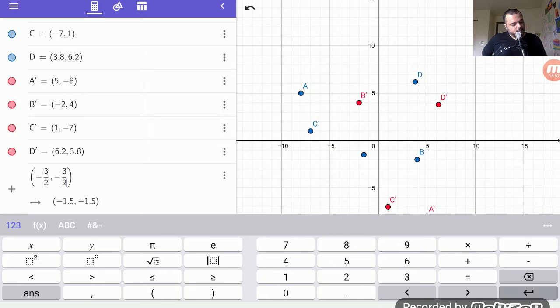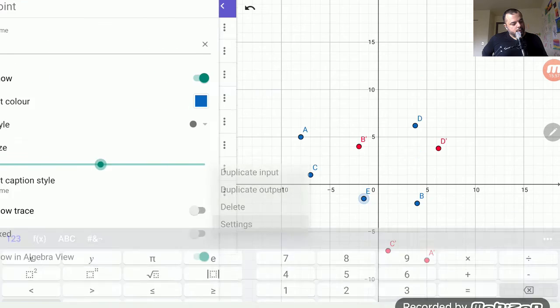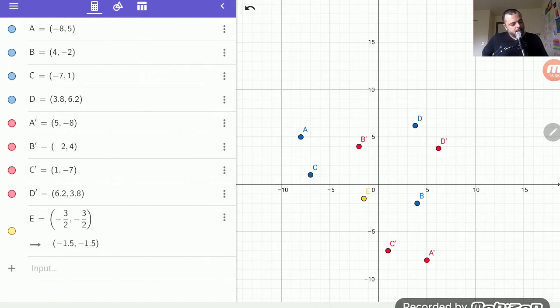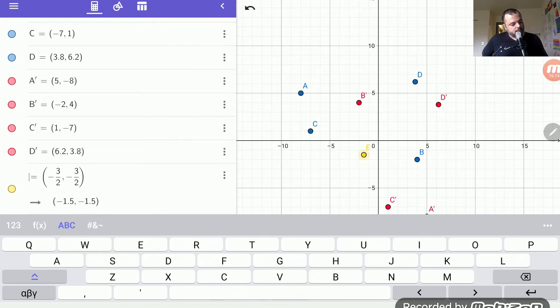This is the first point, and I'm going to change the color of this point to yellow. And because it's the middle point, I'm going to call it A small.